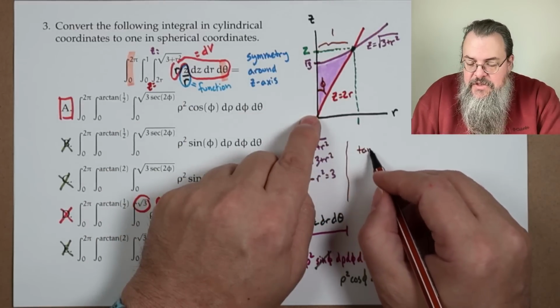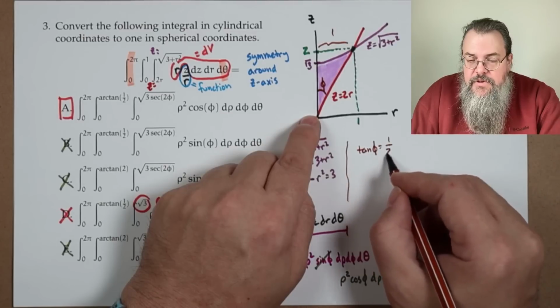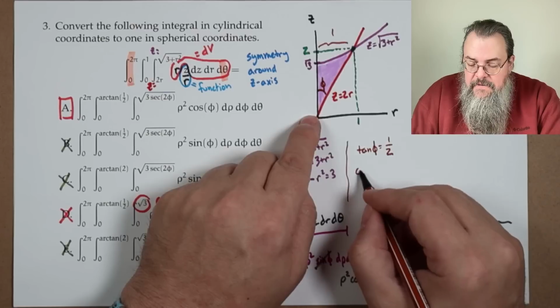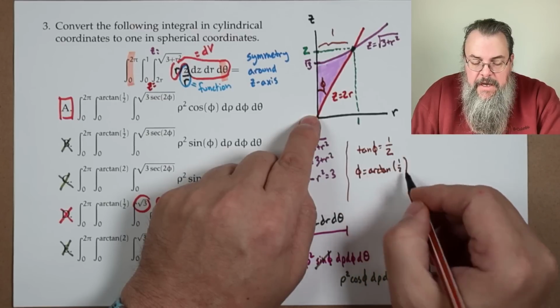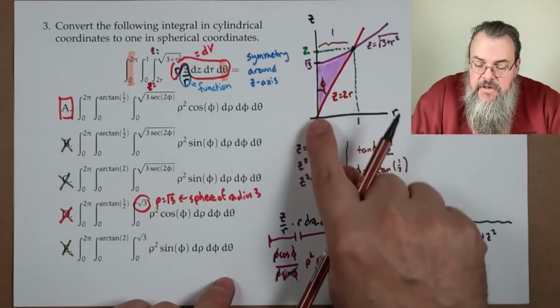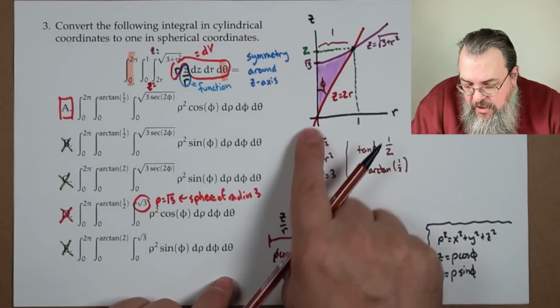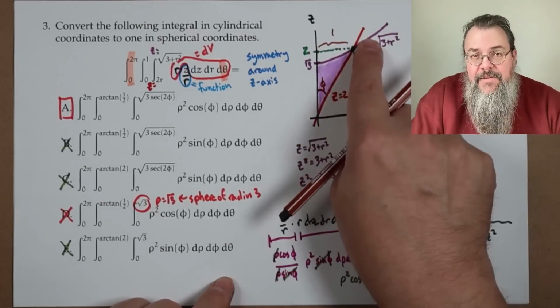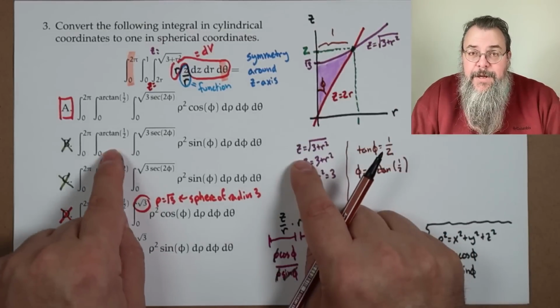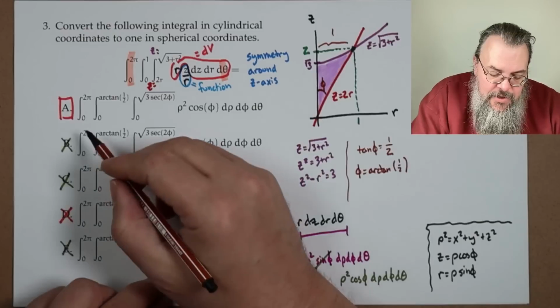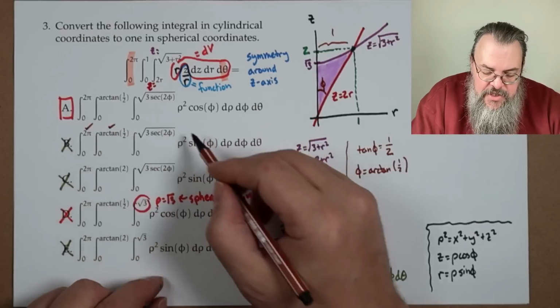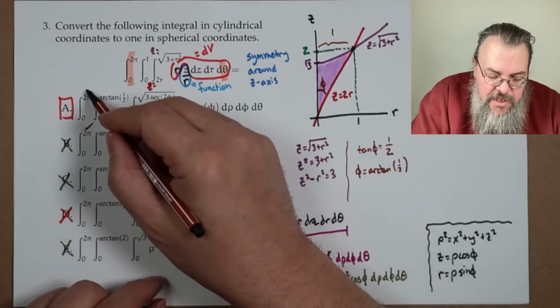So that's when tangent of phi is 1 over 2, or phi would be arctangent of 1/2. So we should go from angle 0, which is straight up, to arctangent of 1/2. That's that line there. That's what phi does. Okay, good. Check. So we check that bound.